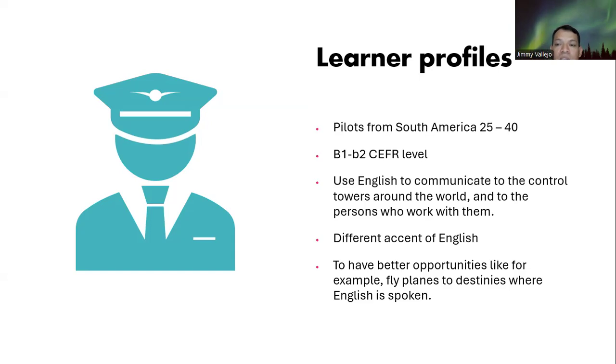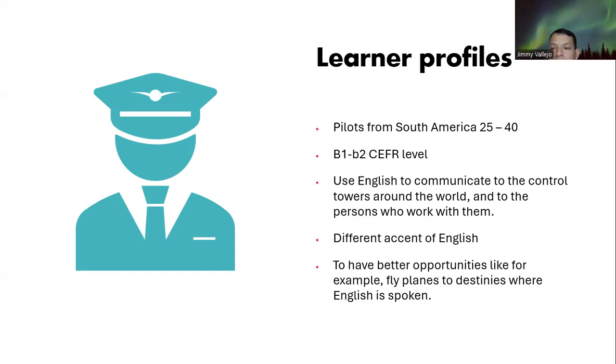They are between 25 and 40 years old. The English proficiency level is between B1 and B2. They use English to communicate with the control tower, I don't know the word, and with the people who work with them.